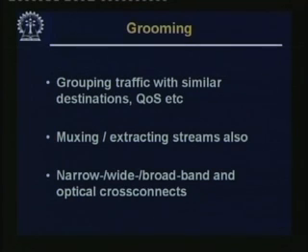So, you have to group them together. Similarly, there may be multiple groups. Grouping traffic with similar destination, QoS, etc., is a part of grooming. Multiplexing or extracting streams is also a part of grooming. Narrow, wide or broadband and optical cross connects may be used for grooming.